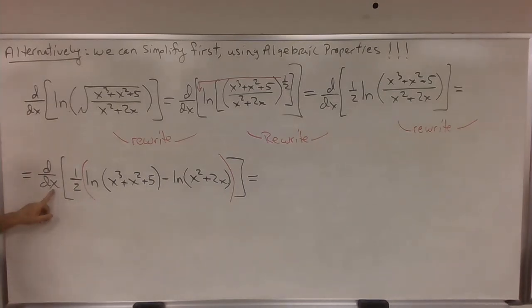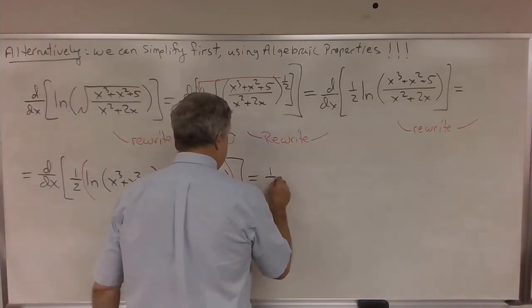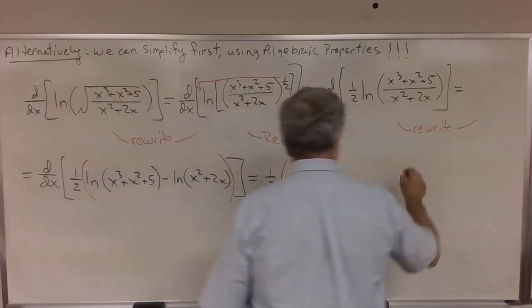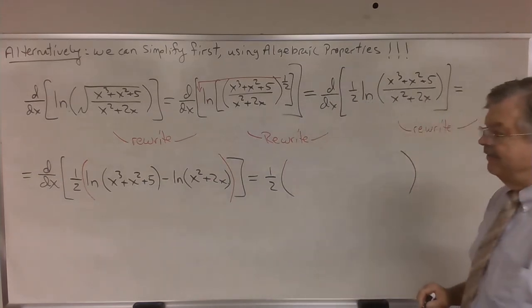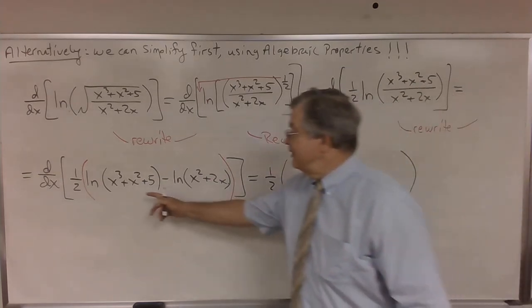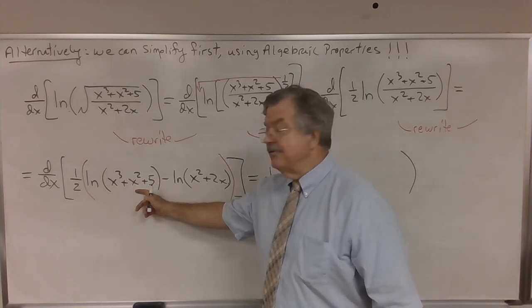Okay, I got the derivative of a constant times a function. So we write the constant down, and then we do the derivative of the function. And it's easy. Natural log of something.